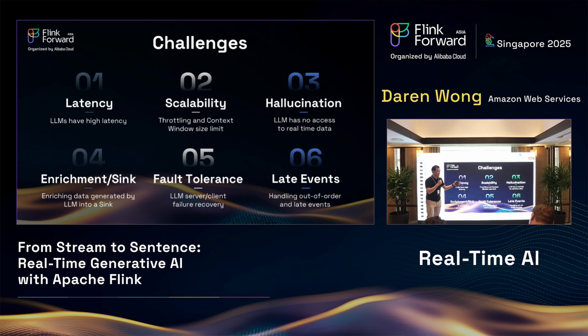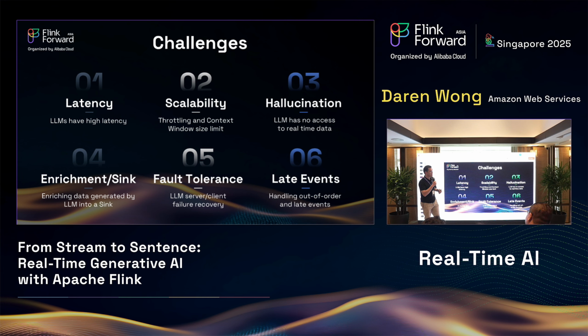The fifth challenge is around fault tolerance. What if your LLM server or client suddenly fails, perhaps just due to a transient network disruption? How can we ensure that once it recovers, it can begin producing commentary from where it left off? So to do this, it probably needs to be able to store some state so that it can recover from failure easily.